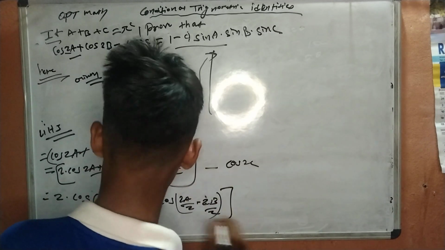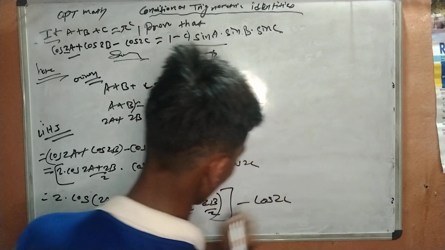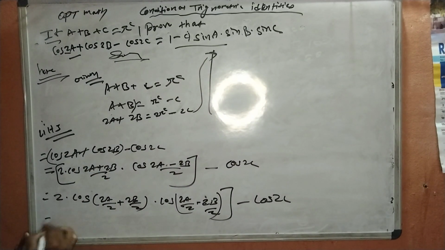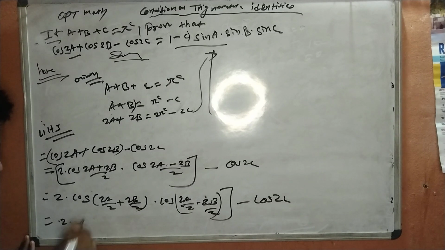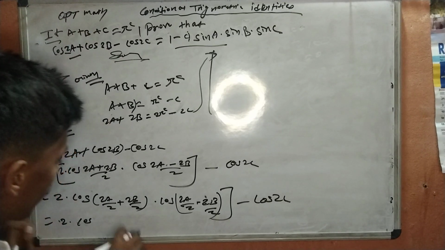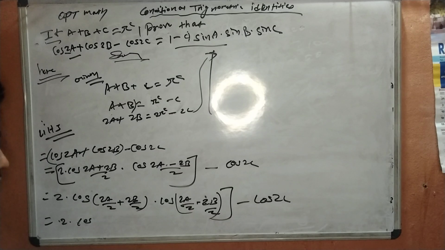Then, as you can see on the board, minus cos2C. Now can you imagine, all of you, my friends, in which formula this is going? I think it is going to the 2 cos formula.